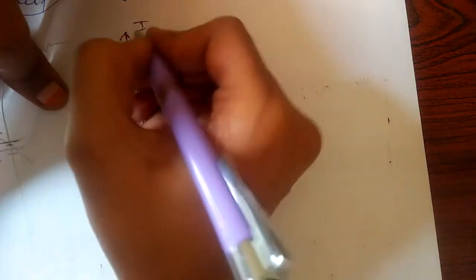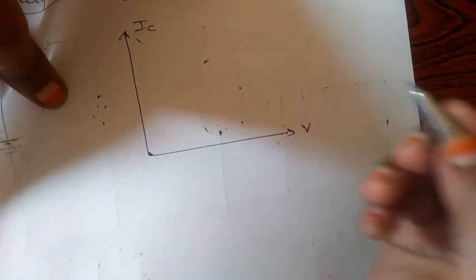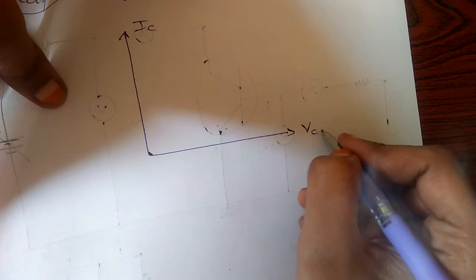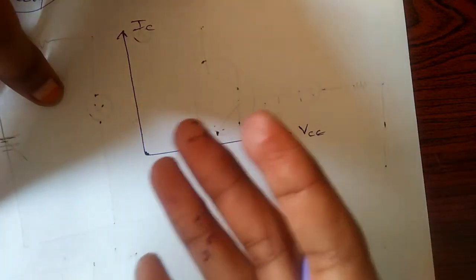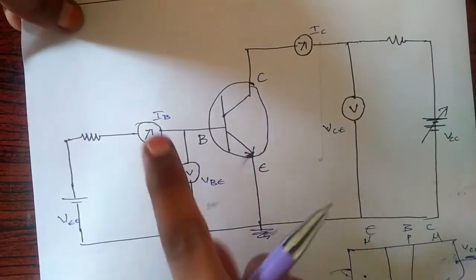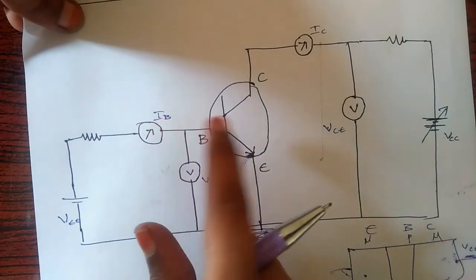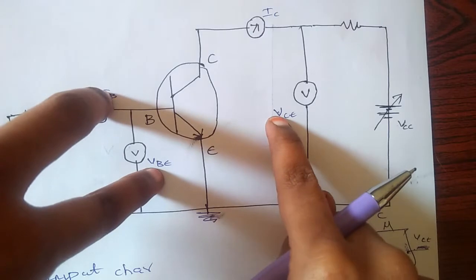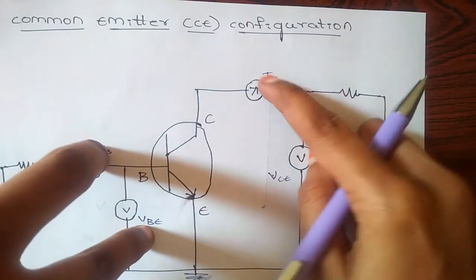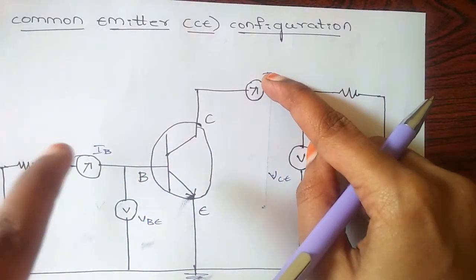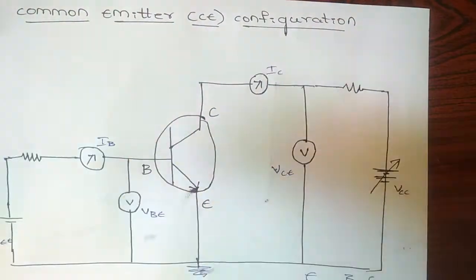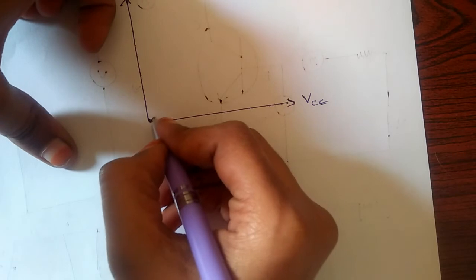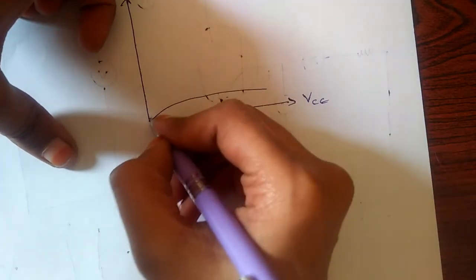What is the current here? IC, and the voltage VCE. Then here we make IB constant. For input we made VCE constant, and now we take these two and make IB constant. So the graph will be obtained like this.